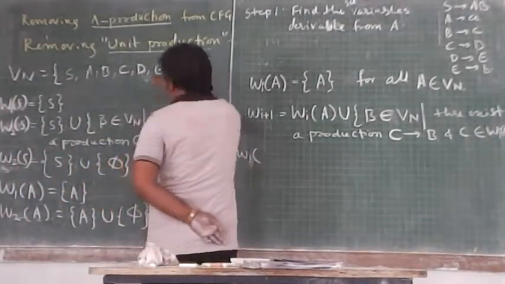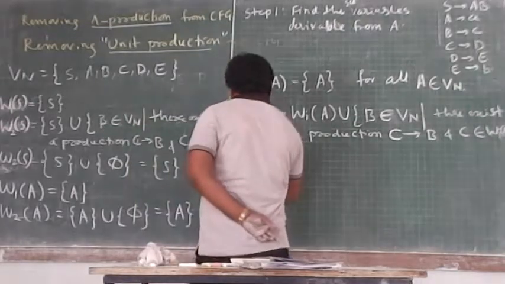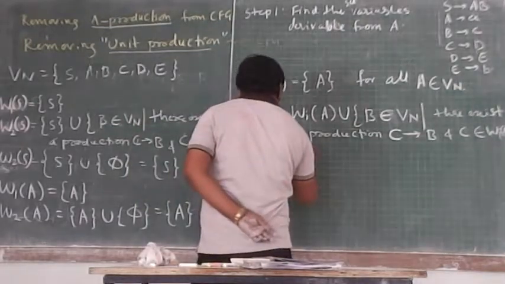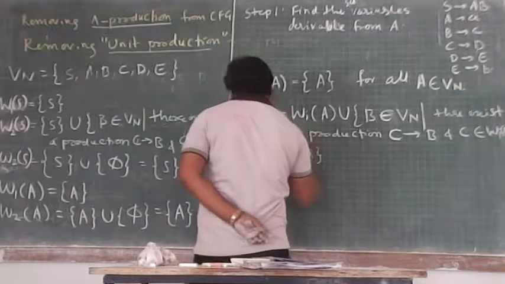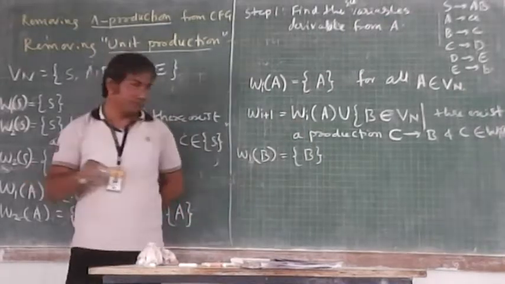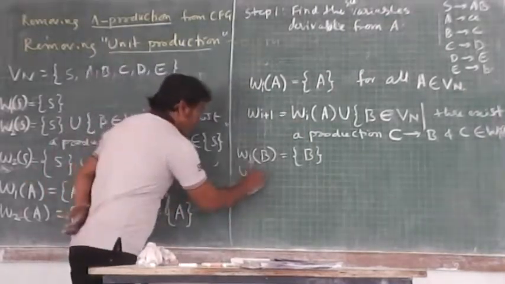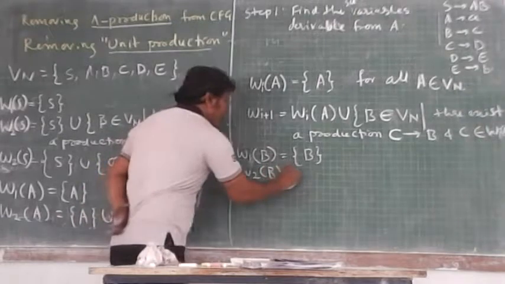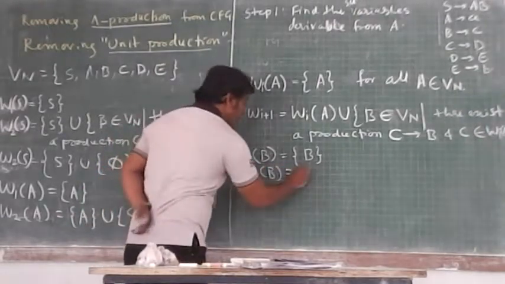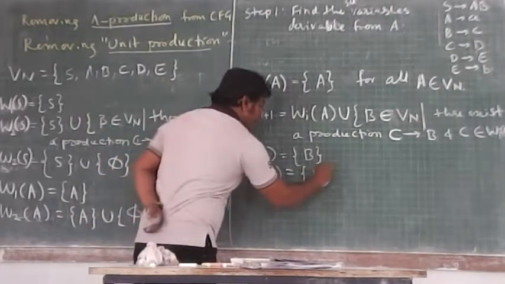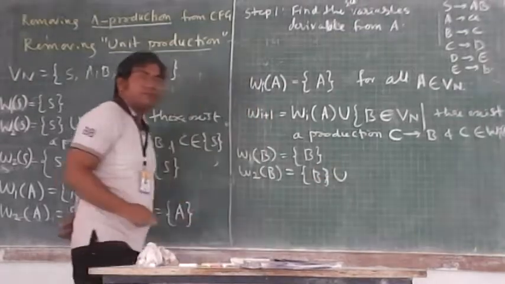Then you go for W1. The next variable is B. Initially W1B will have the same symbol. Calculate W2B. W2B will be the union of W1B, that is B, union.